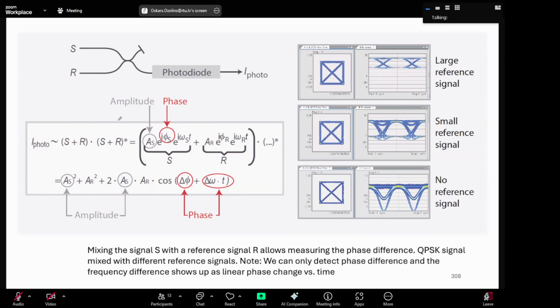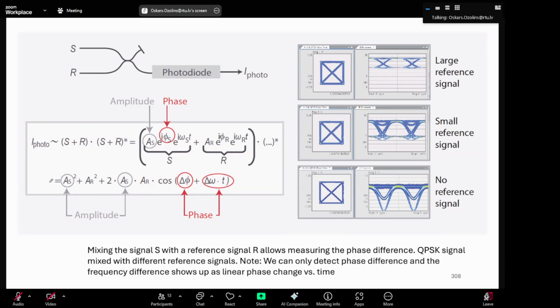So yeah, here you get signal and reference, and you mix them, and in this case the reference has both amplitude and phase frequency.